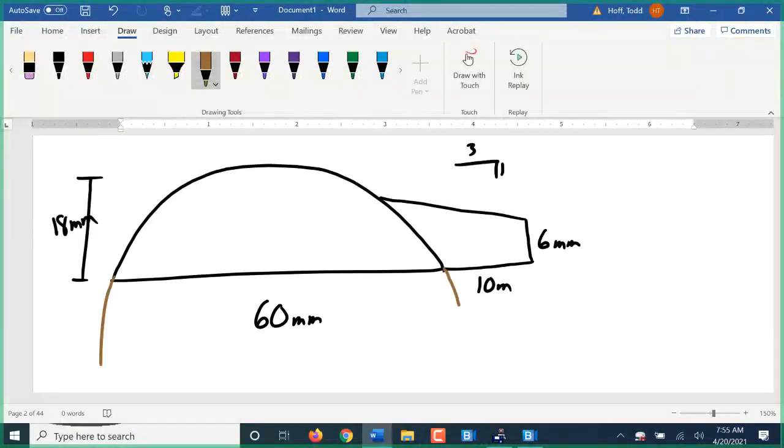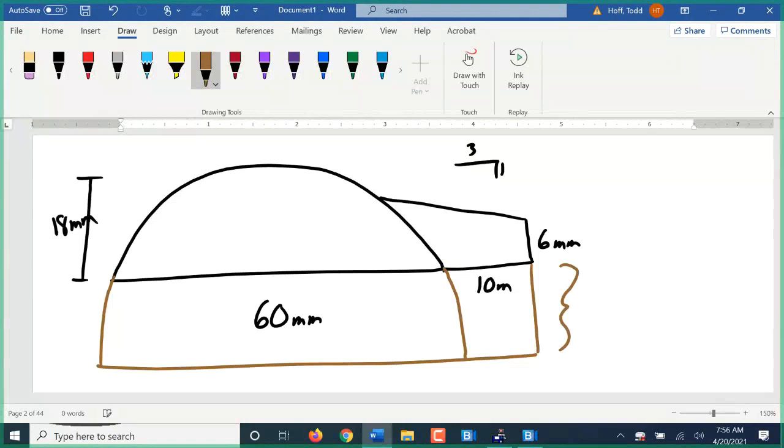Well, if we expand this down to make that a full half circle, that's the problem we just did. We just need to know how far we have to drop that down to make that full half circle. So now remember, we're going to look at this as a sector of a circle.